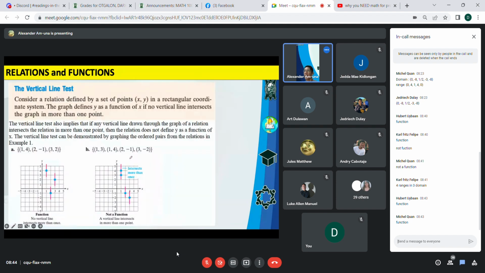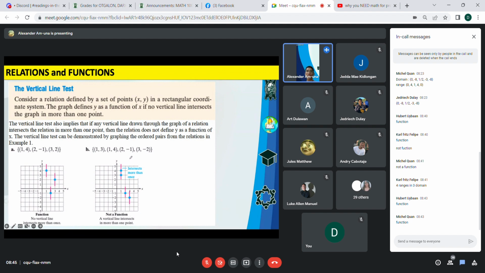All right. Okay. The other way to check whether a given graph is a function or not is through what we call the vertical line test. Okay. So by its name, you just simply draw a vertical line. So if you have the graph of the relation, you draw a vertical line.